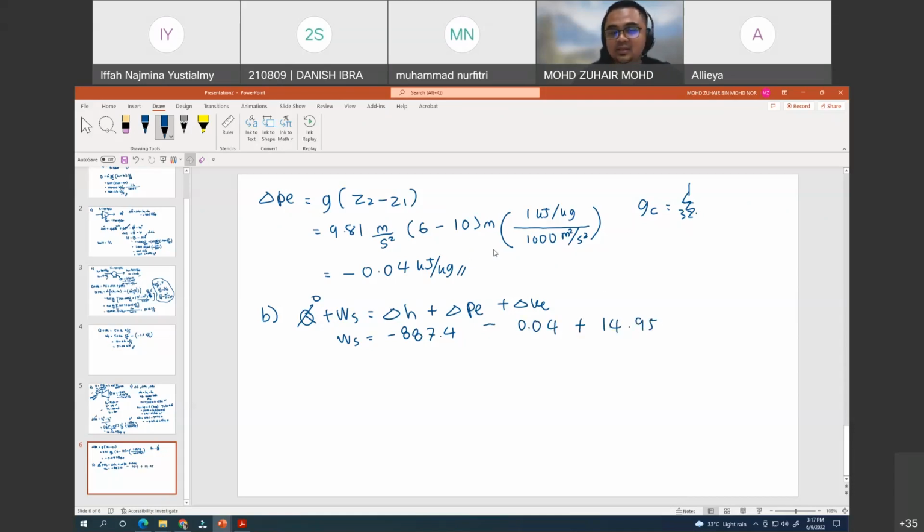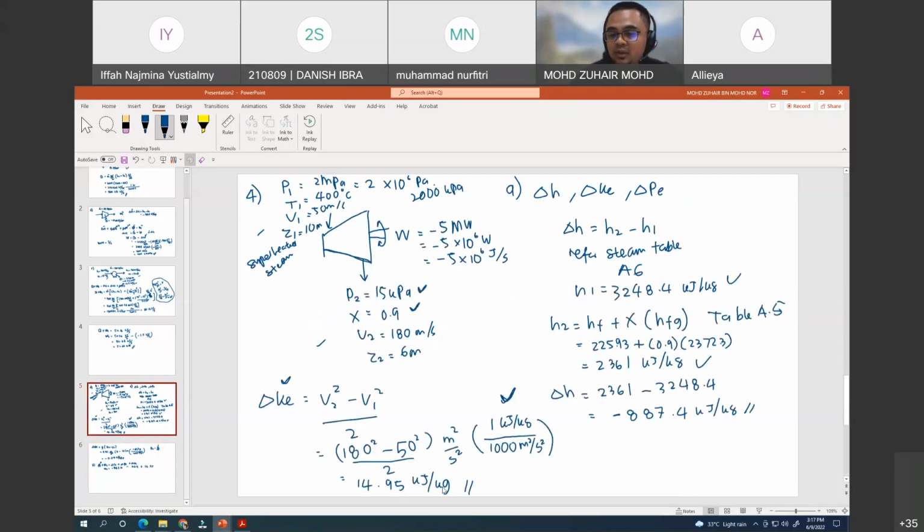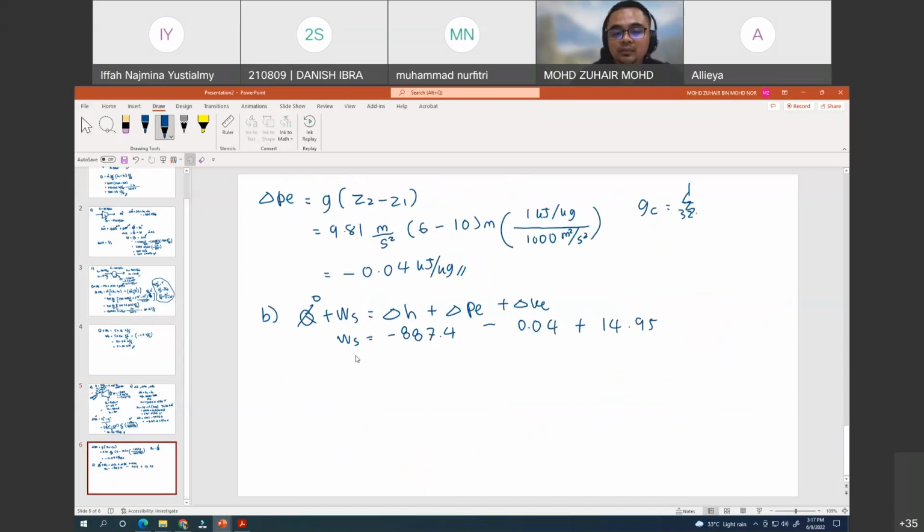All of these are in the same unit, kilojoule per kg. Cuba tengok balik, we already changed all to kilojoule per kg. Okay, so WS in terms of kg will be negative 872.454 kilojoule per kg. Okay, why dia negative?